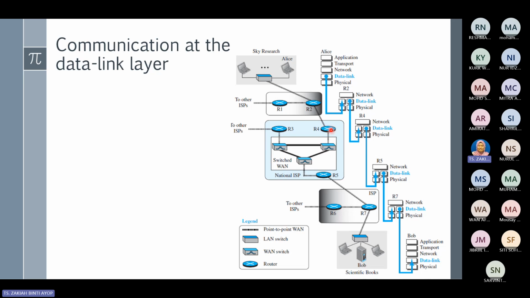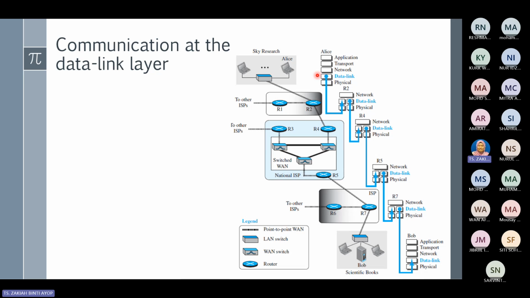So R4 would determine, oh, okay, my next hop should be on R2, and then R2 would check, oh, okay, your final destination or your receiver should be Alice, which is inside my network. So it will replace the MAC address so that it sends directly to Alice. So this is what it means as a hop-to-hop delivery.